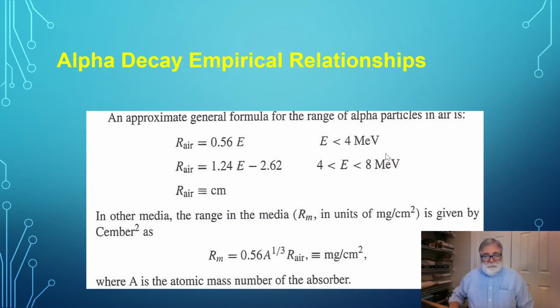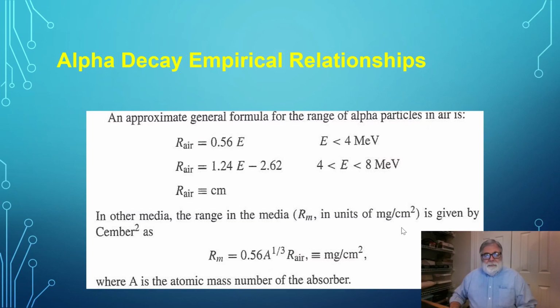In different energy regimes, different formulas are applicable. This formula here is based on expressing the energy in MeV and the range in centimeters, and it gives us the range in air. Sometimes we'll be interested in the range in some other medium. The symbol used in this slide is R sub m.